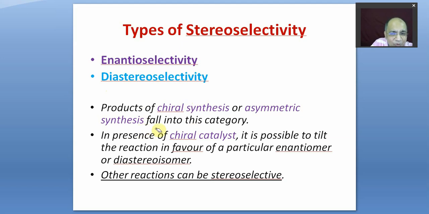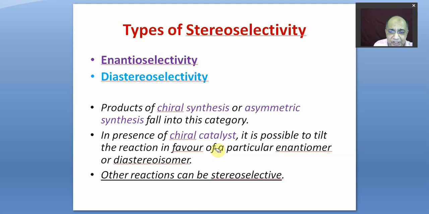And now research is being extensively done in this area, chiral synthesis or asymmetric synthesis, where you get a mixture of enantiomers, but one having a preponderance over the other by using chiral catalysts. If the catalyst is itself chiral, then it influences the formation of one of the product enantiomers or diastereoisomers in favor, in a greater percentage than the other.